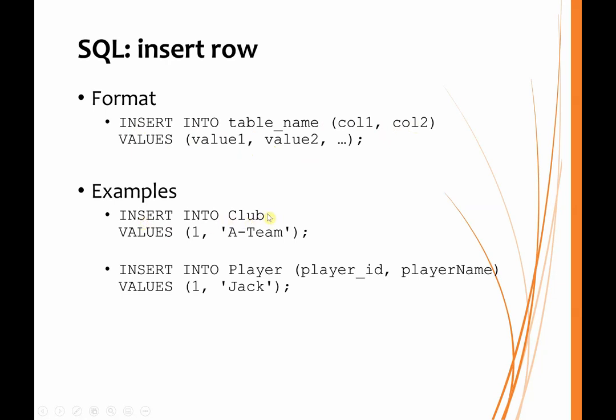Now we're not specifying any columns here because we're going to provide a value for every single column. So we're going to insert into club the values 1 and 18. Notice that a string has single quotes. We're going to insert into player, but only in these two columns, player ID and player name. And then those are the values for those columns.